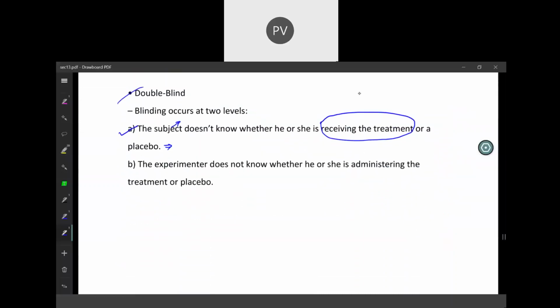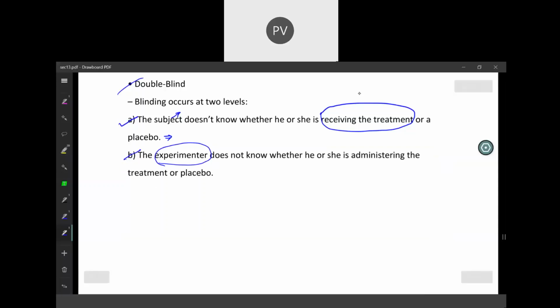So in double blind, there will be two levels. In the first level, the subject will not know that he or she is receiving the treatment. In the second level, the experimenter will not know whether he or she is administering the treatment or a placebo.